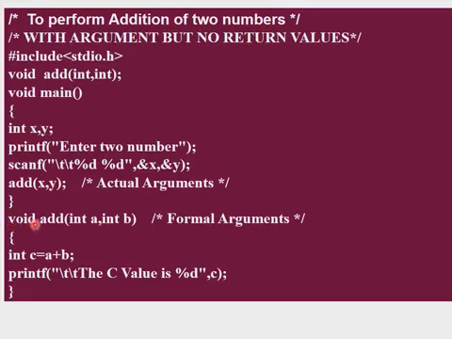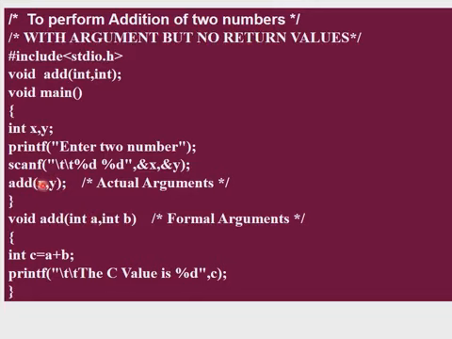In the definition we have defined the function like void add, integer a comma integer b. So this a and b are the formal parameters. They take the place of the actual parameters or the actual arguments.